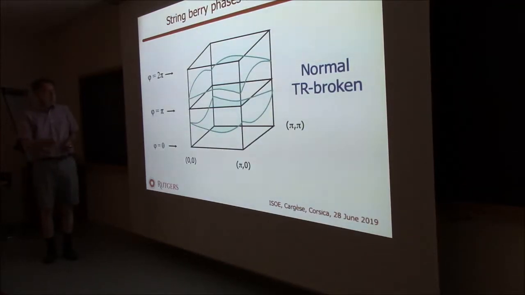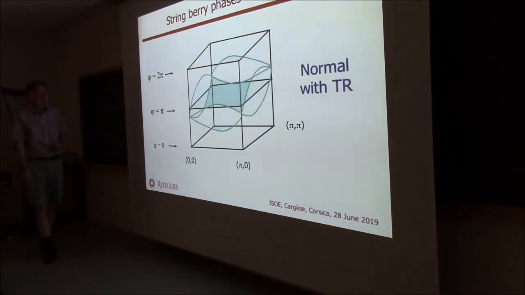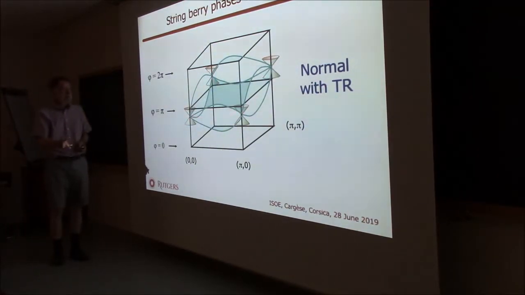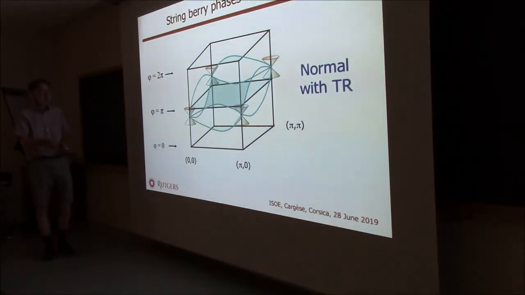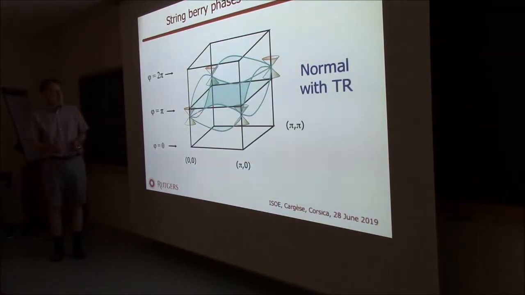And so if there's nothing special happening, that's topologically normal. If I have time reversal symmetry, then I have Dirac cones in this, I call this hybrid Wannier band structure. So remember, this is not energy anymore. This is Wannier center position or Berry phase. But nevertheless, the structure is that you have these Dirac cones at the 4 time reversal invariant momenta.